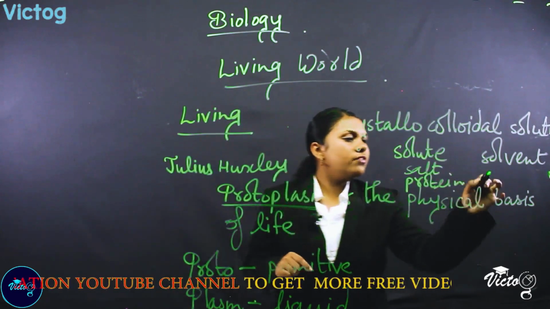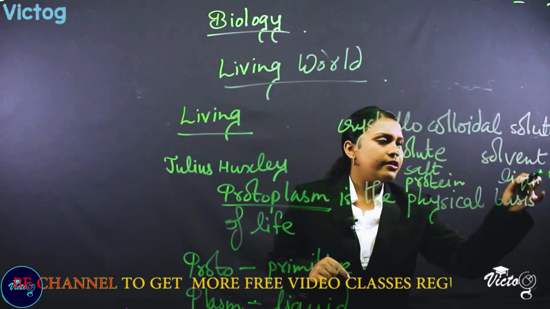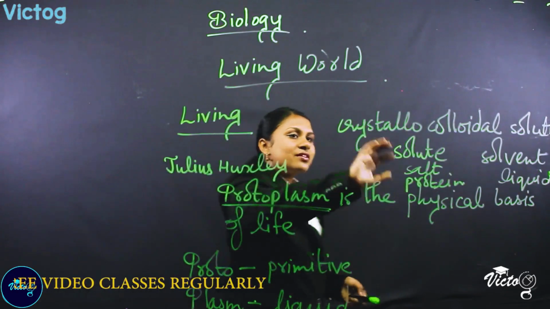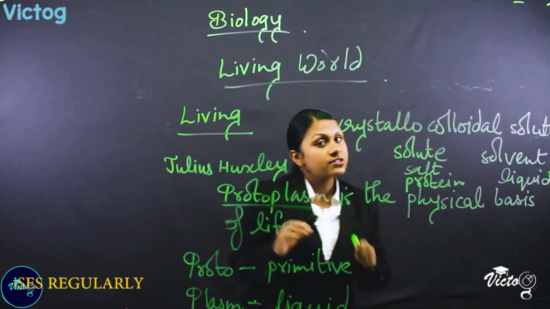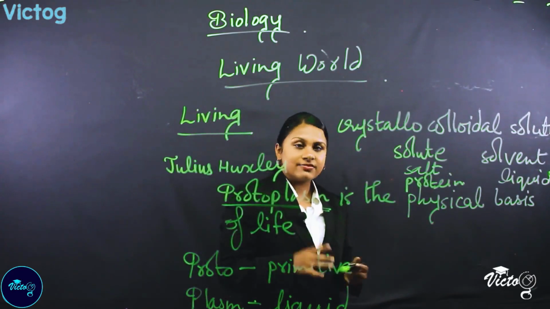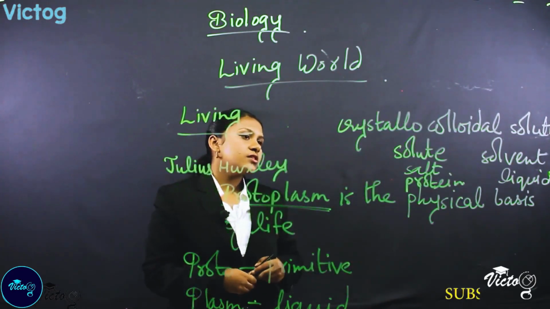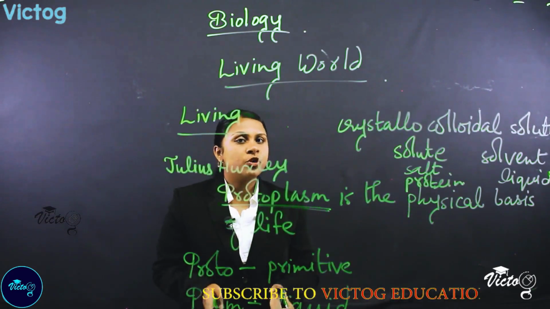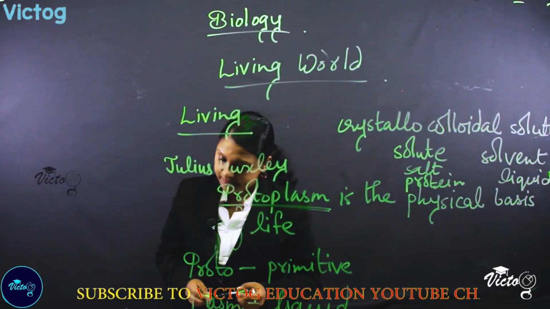The solvent is always a liquid, a water-like substance. So crystallo-colloidal solution means the solution of protoplasm contains both salt and protein in its structure. Now, this protoplasm is the medium for all the metabolic activities in our body.